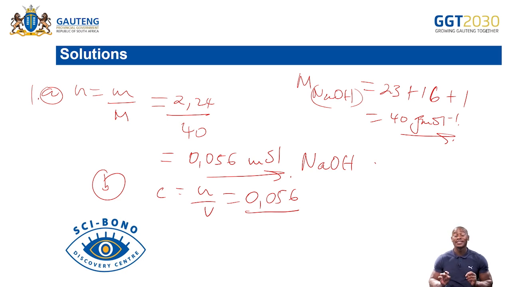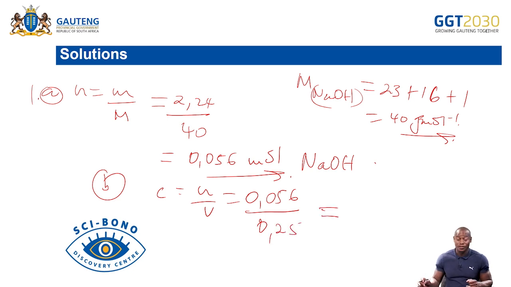In C equals n over V, and even in n equals V over Vm, that V should be in cubic decimeters, unless Vm is given in cubic centimeters. So our V is in cubic centimeters, and I need to convert it to cubic decimeters. I divide 250 by 1000 to get 0.25.